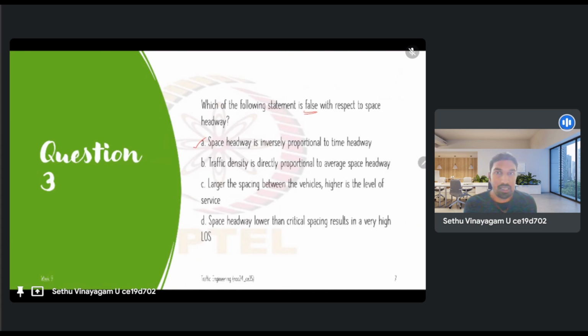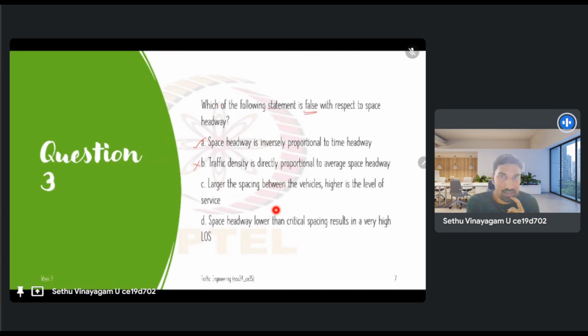So when you have a larger space headway, you will have a larger time headway as well, right? So as the spacing increases, the time taken for the corresponding points of the two vehicles to cross a given point will also be larger, right?